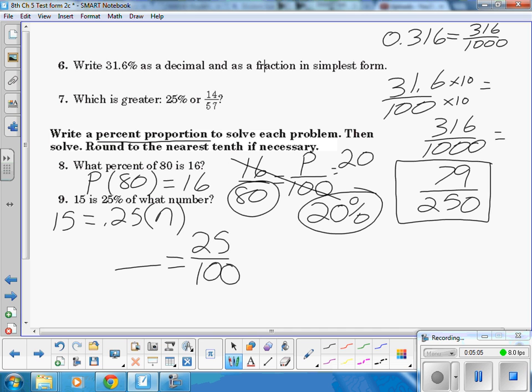Notice I wrote it 25 over 100 and not 0.25 over 100 because the 25 over 100 is already giving me the 0.25 value. The whole is n. I don't know what the n is, and 15 is the part. I'm going to multiply 15 times 100, divide by 25. Our answer to number 9 is 60.